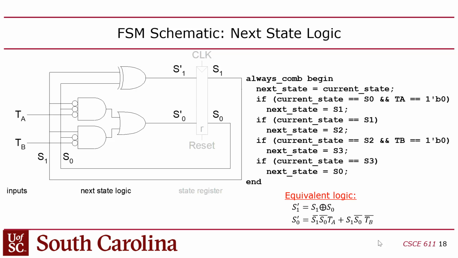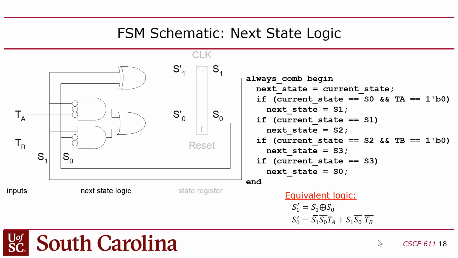Because remember that the next state for state bit 1 is just the XOR of the old state bits. Make sense? So S sub 1 prime is going to get S sub 1 XOR S sub 0, right?